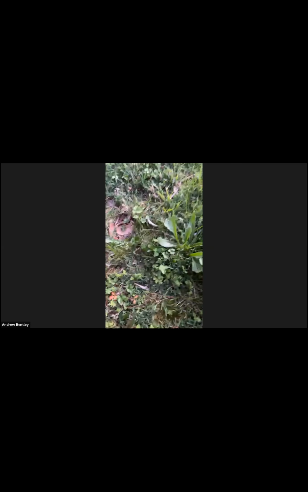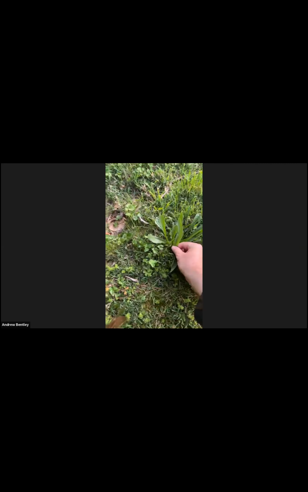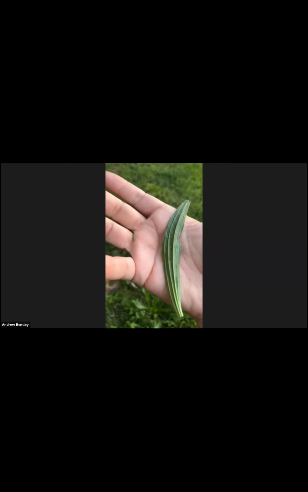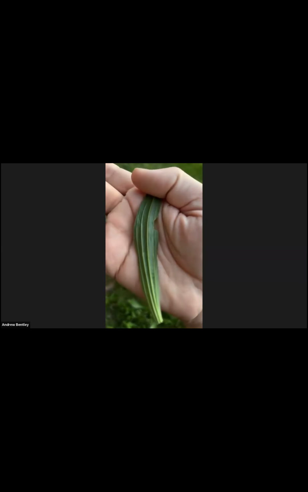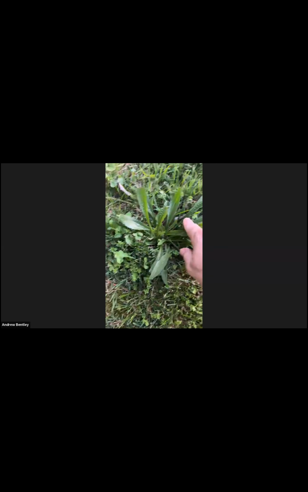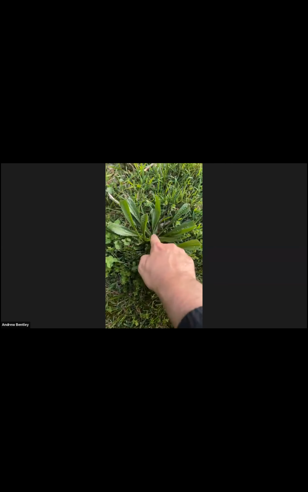Here we go. This is Plantago lanceolata. There are a couple different species of Plantago, and this is a really common one. The leaves look kind of like grass, and then the seed heads are like little antennas. If you flip it over, it has very deep veins that stick out, and it grows in what's called a basal rosette, which means that it comes out all different directions from one central point.